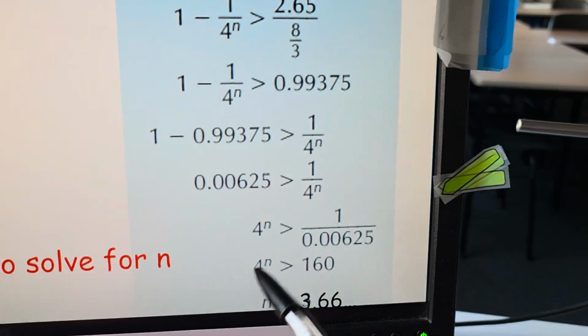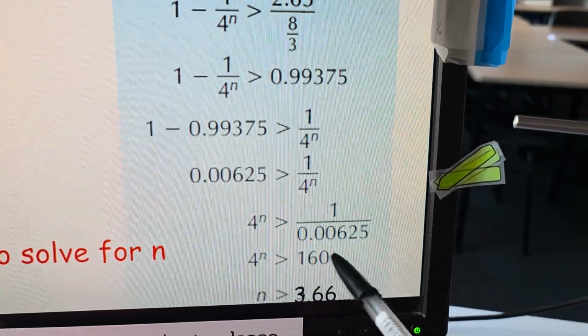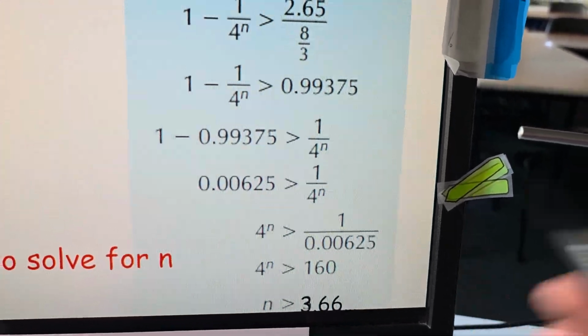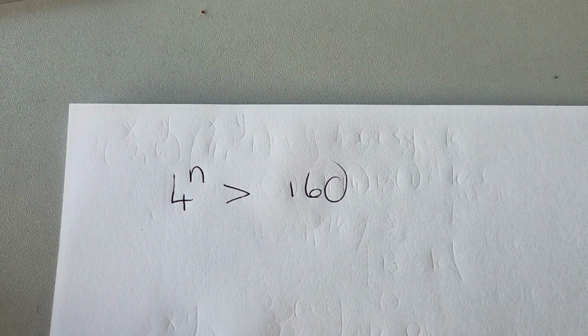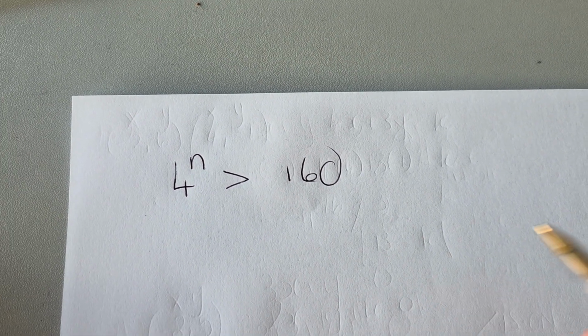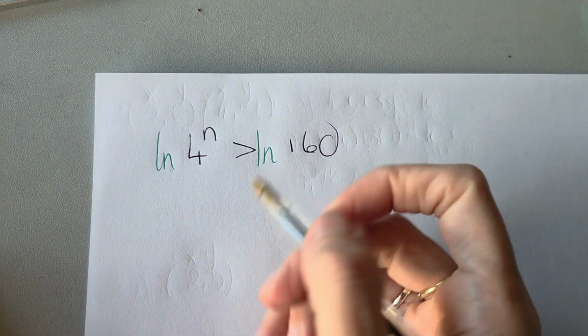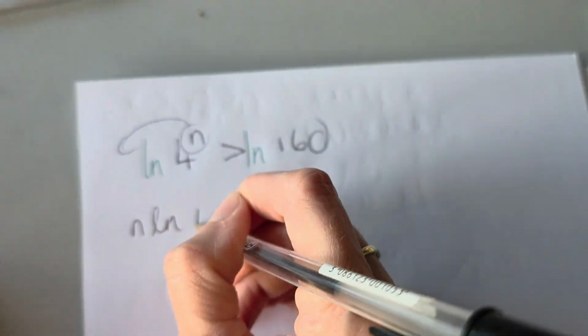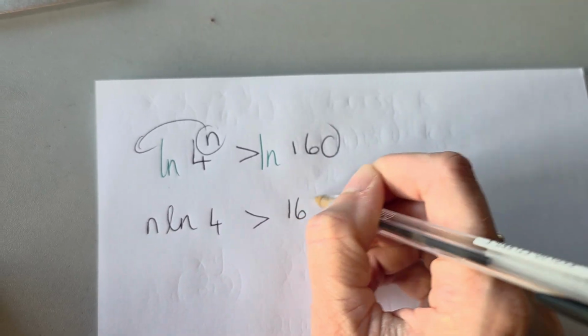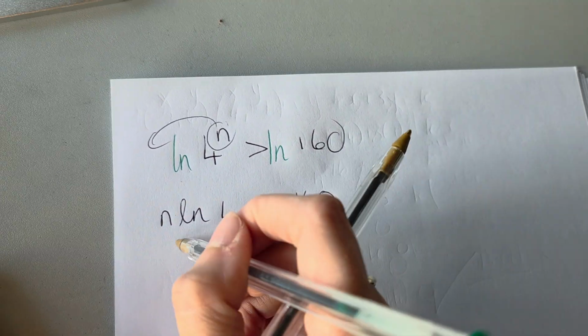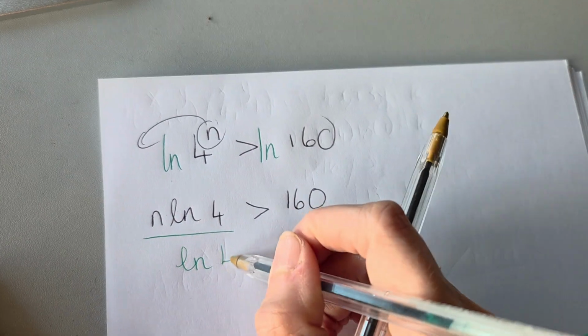So it'll be ln 4 to the power of n is greater than ln 160. Then you apply your rules of logs after that. Bring down the power in front. So it'll be n times ln 4 is greater than ln 160. I want to get n on its own, so divide across by ln 4 on both sides.